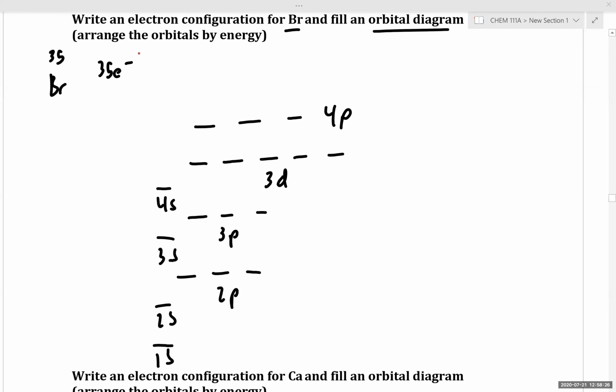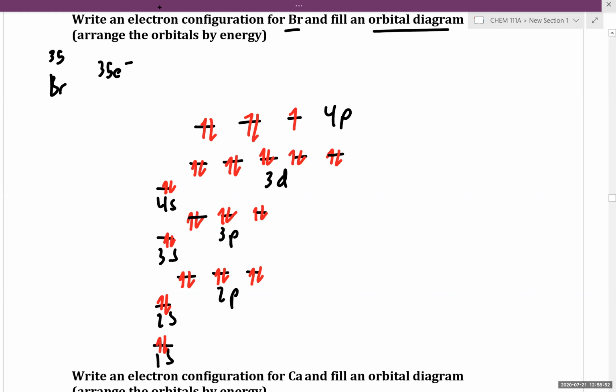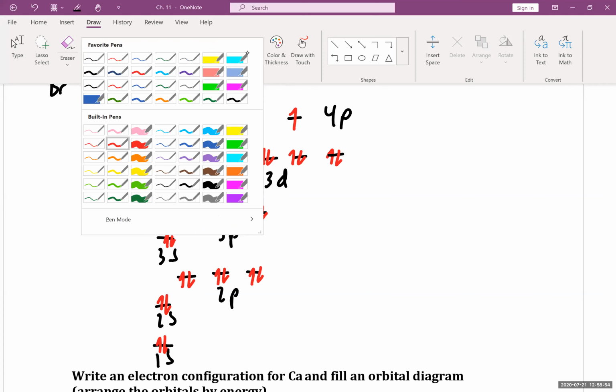So let's add our electrons: 2, 4, 6, 8, 10, 12, 14, 16, 18, 20, 22, 24, 26, 28, 30, 31, 32, 33. And now that we've filled all of our empty degenerate orbitals, then we pair. So 34, 35. So we placed all of our electrons.